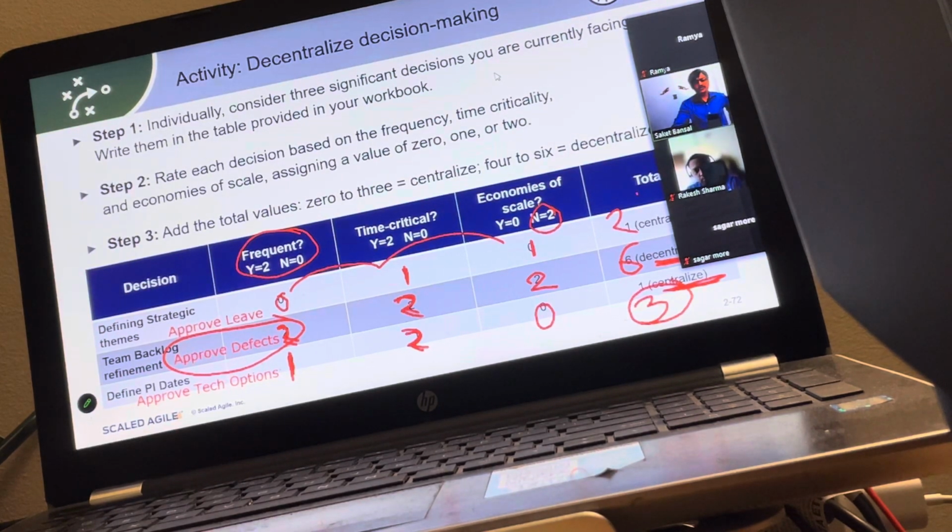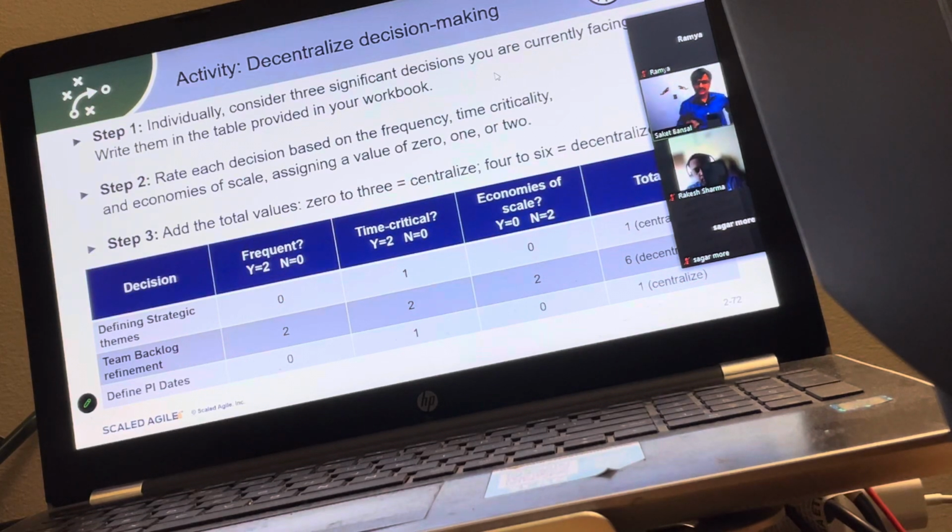In the SAFe world, this is already taken care of by way of roles, by way of giving ownership of different backlogs. Like team backlog is the ownership of the product owner. Portfolio backlog is the ownership of lean portfolio management. The prioritization of a team backlog is with the product owner. Estimation of a team backlog is with the team.